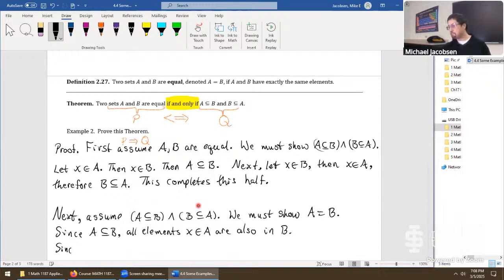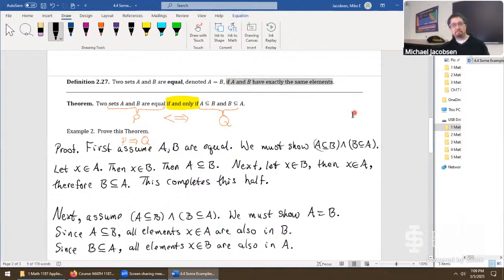And then we could just reverse and go to this other side. Since B is a subset of A, all elements X in B are also in A. And now if we take these statements together, every element in A is also in B, but at the same time, because of the end there, every element of B is also in A. That's just a long and convoluted way of saying, since A and B have exactly the same elements.